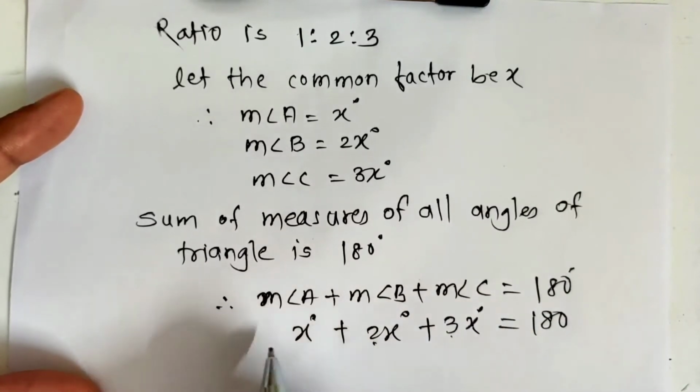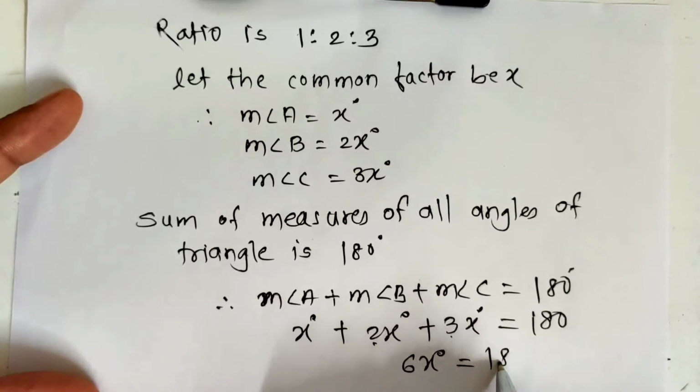So 3 plus 2 is 5, plus 1 is 6x degrees is equal to 180 degrees.